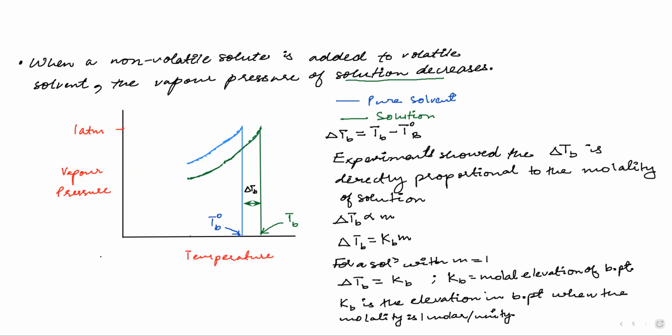That means the elevation in the boiling point is equal to that particular constant. How will we determine that constant? We will take a one molal solution and check the elevation in boiling point, and that is how we define KB. You want some more explanation? No, it's okay now.